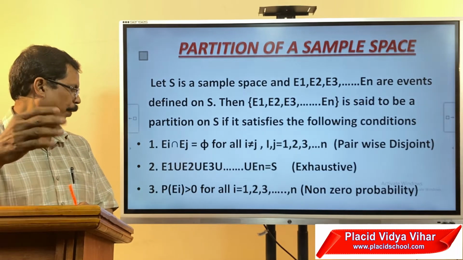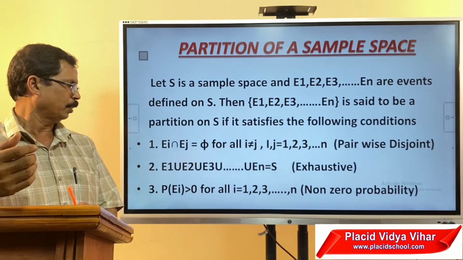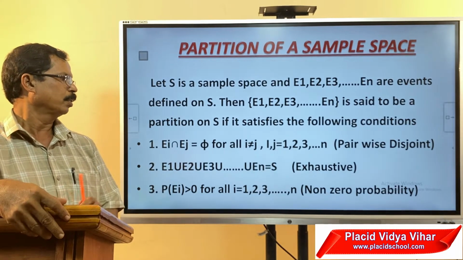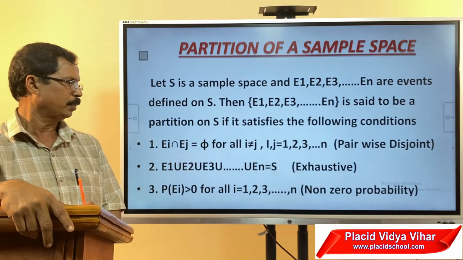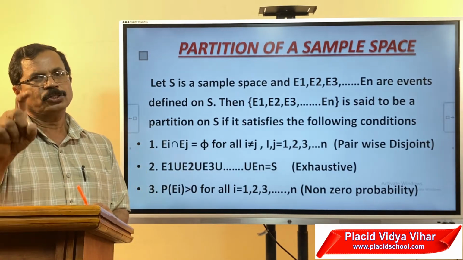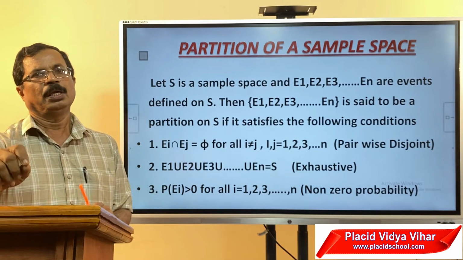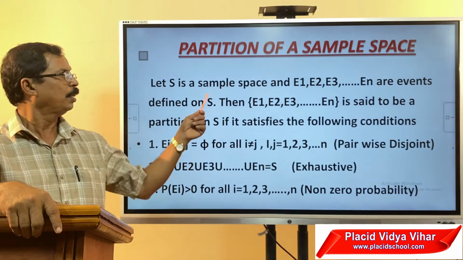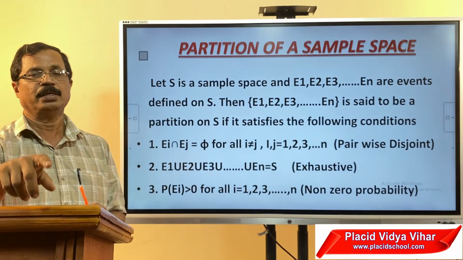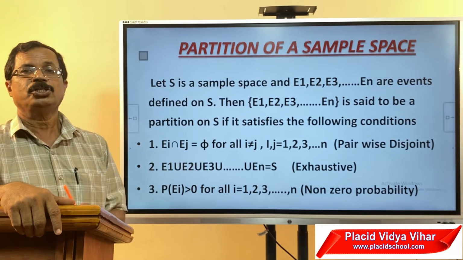That means P of E1 greater than 0, P of E2 greater than 0, P of E3 greater than 0, up to P of En greater than 0. That is non-zero probability. So if a collection of events E1, E2, etc. En satisfies these 3 conditions, then we can say this is a partition defined on S.